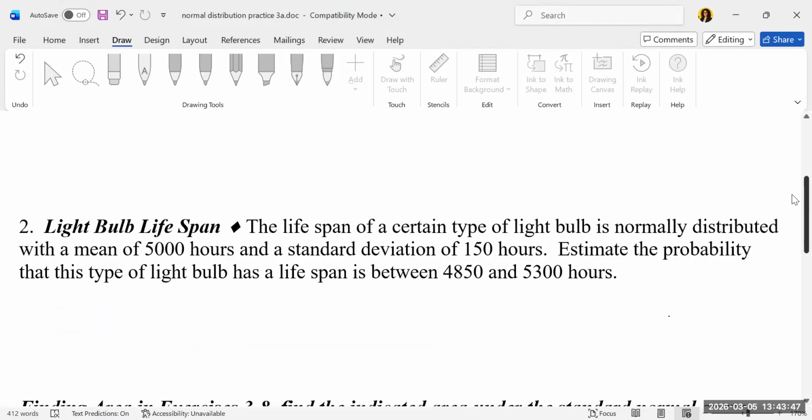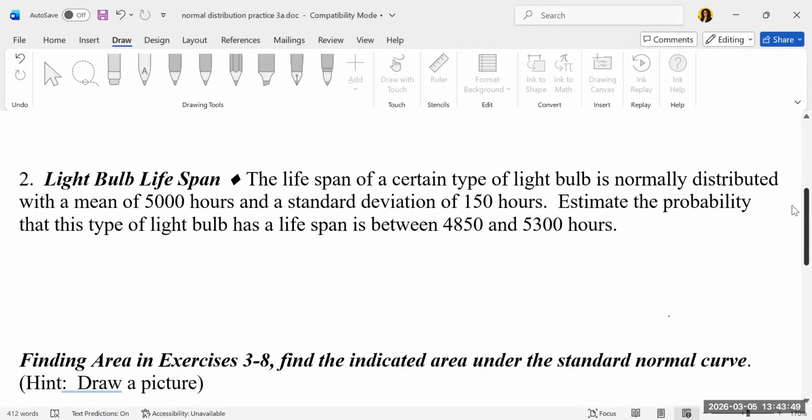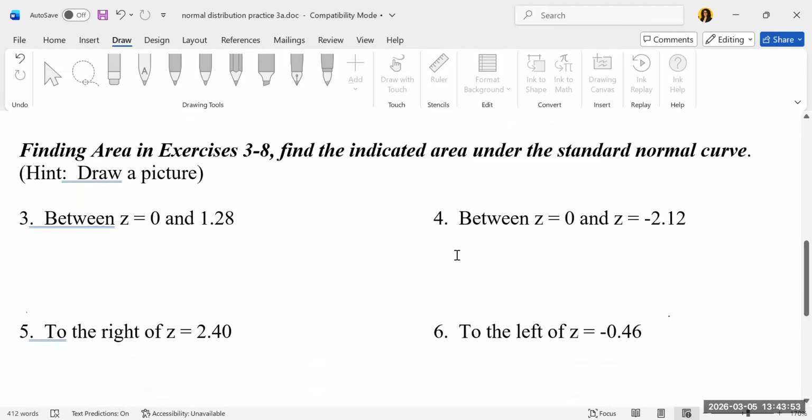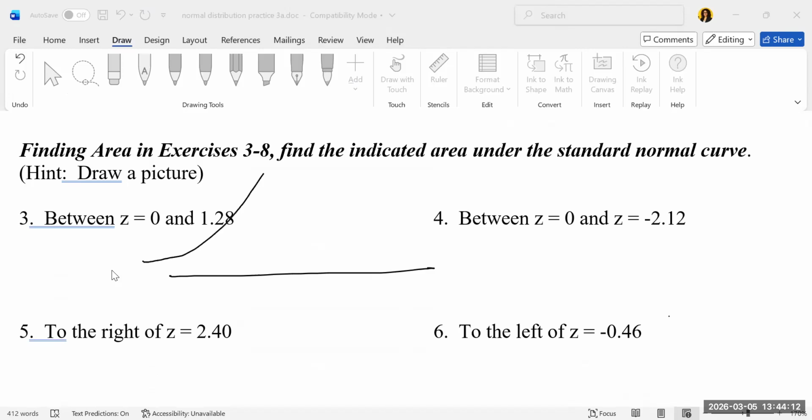Question number 3. This time we are told to find the area between the mean, when z is equal to 0, and 1.28. First of all, let's draw the picture. Whenever you're given a normal curve question, you have to draw a normal curve.